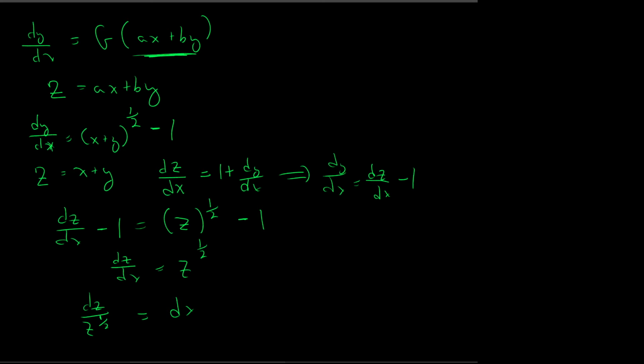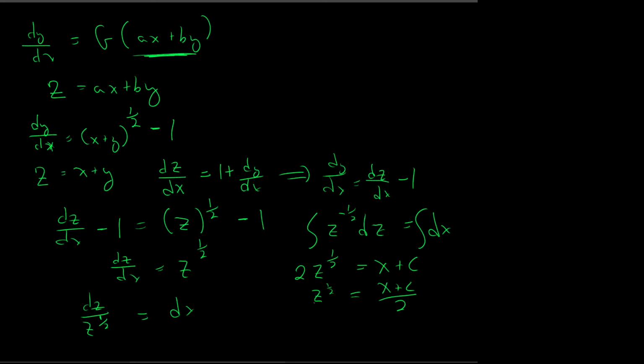And if I use my power rule here, this is z to the 1/2. So if I integrate this, let's just bring it upstairs, z to the negative 1/2 dz equals the integral of dx. And so I want to go up 1, so z to the 1/2, but I have to divide by 1/2, which is the same as multiplying by 2, equals x plus c. I'm going to divide everything by 2, so I get x plus c over 2.